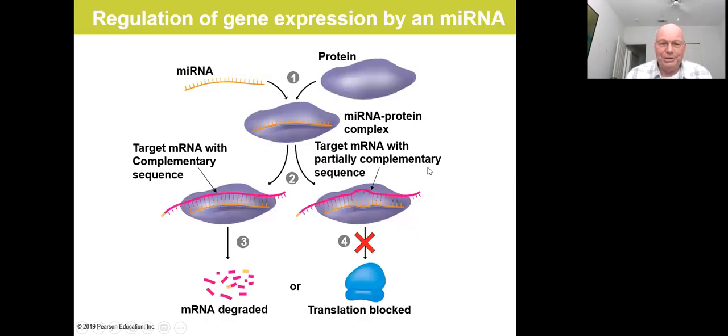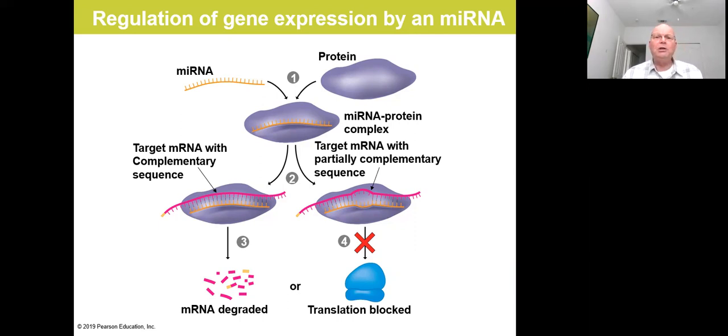So this diagram illustrates what happens with the miRNAs, or the microRNAs. If the microRNAs are fully complementary to a target messenger RNA, in other words, the sequence of nucleotides in the miRNA exactly matches the nucleotide sequence in the messenger RNA, the whole length of the miRNA is going to bind to the messenger RNA.